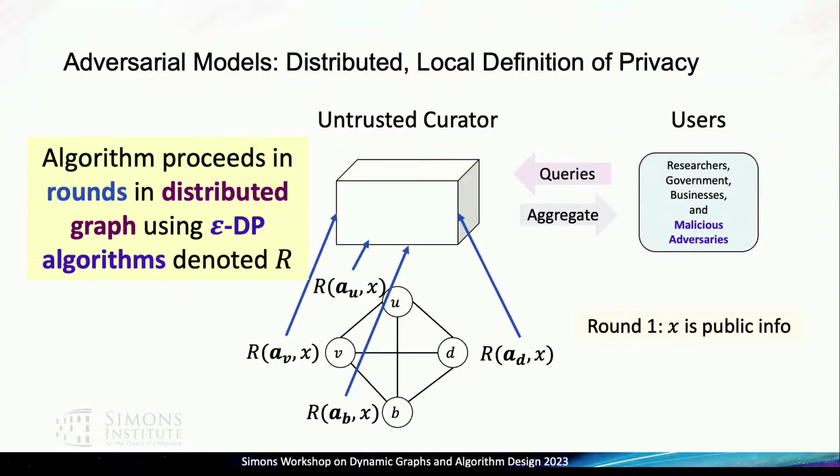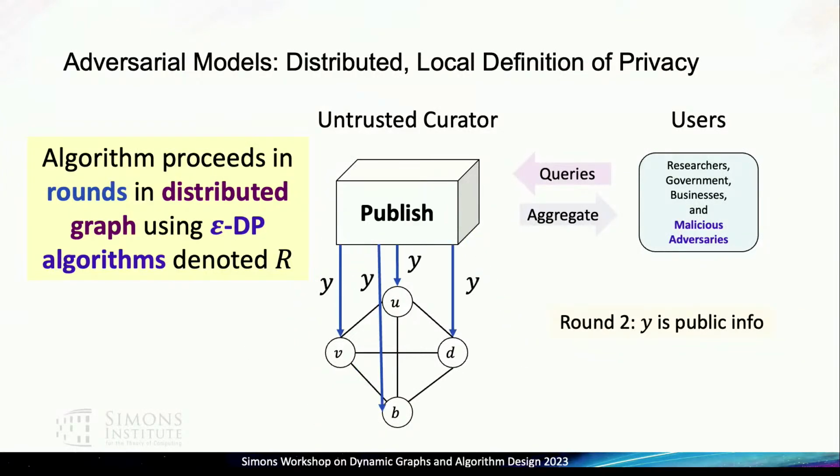Then each node uses their private adjacency list, passes it as input into their private local randomizer algorithm, and then outputs some privatized information back to the curator. Using this private information, the curator can produce some new public information and pass it back to the nodes.